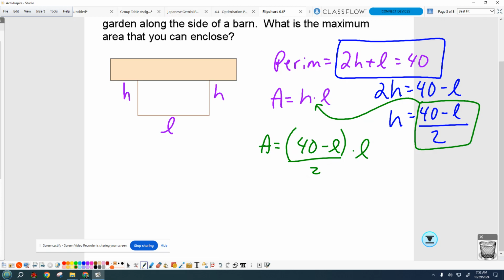Okay. How do we find maxes and mins of something? Do the derivative. So we have the choice. Do we want to multiply this out first? Glenn, you pick. Do we multiply it out first or do we just do product? Multiply it out first, okay. 40 divided by 2 is 20 times L minus L squared over 2.